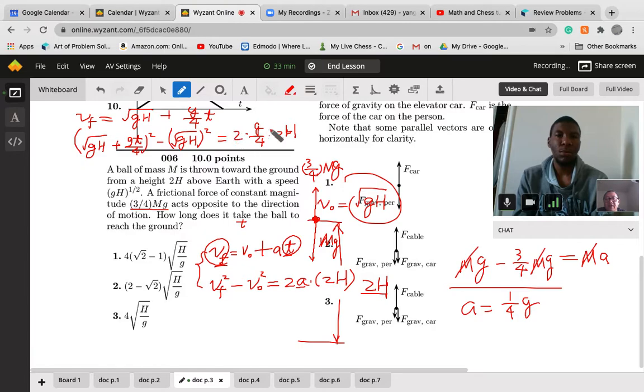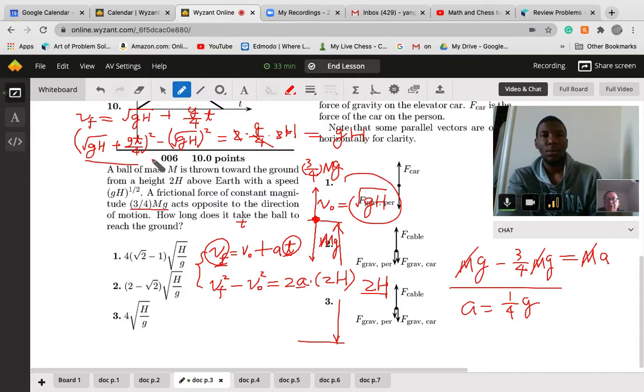Let's simplify this side: 2 times 2 is 4, and it will cancel out with this 4. So the right side actually equals g times h. Then the left side needs to be expanded.